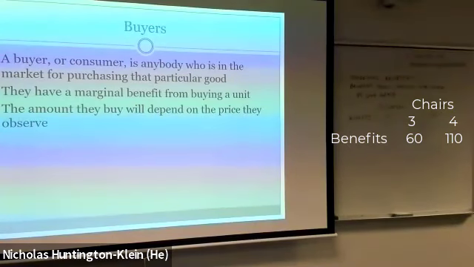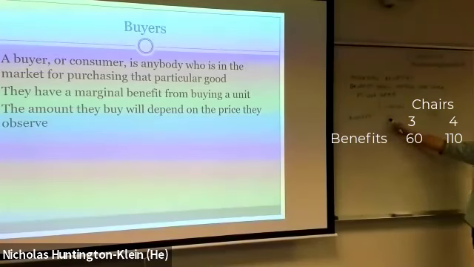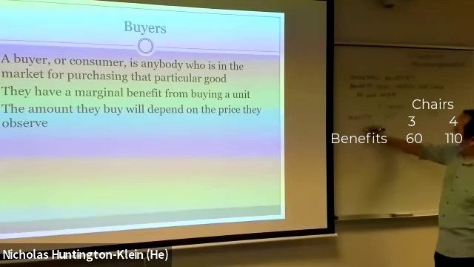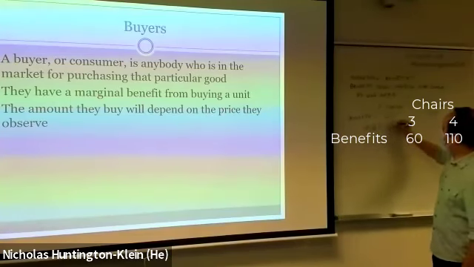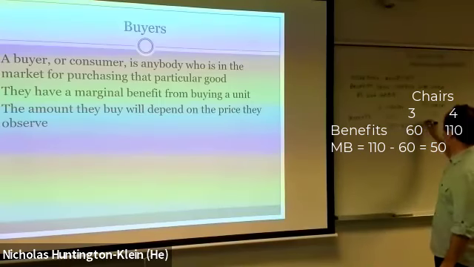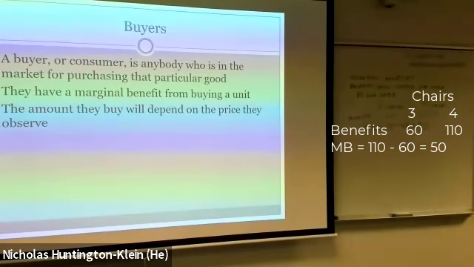So what is the marginal benefit of that 4th chair? Well, at 3 chairs, I only had 60 benefit. At 4 chairs, I got 110 benefit. So my marginal benefit, or MB, is 110 minus 60, or 50. By buying that 4th chair, I become $50 better off. Forget about what I spent on the chair for right now, just how much better do I feel about the fact that I have 4 chairs rather than 3.